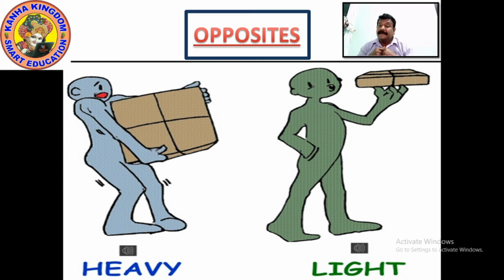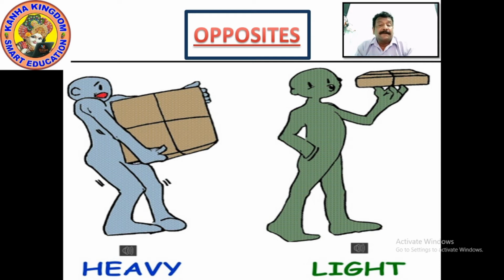And opposite of heavy is what? Light. You can see how easily he carries it. It's a small box, and he is picking it up with his fingers. That means it is light. He is not stressed. His second hand is free. But in the first place where you see heavy, he has used both his hands.